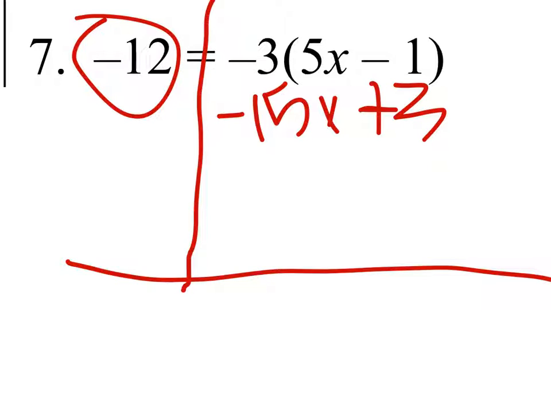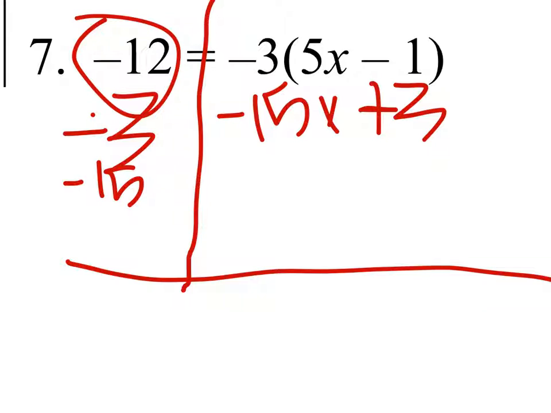And so then you don't want that plus 3, so then you minus 3 from here, and that's negative 12, negative 15, and then it's negative 15 times x, so then you want to divide, because it's multiplying, right?